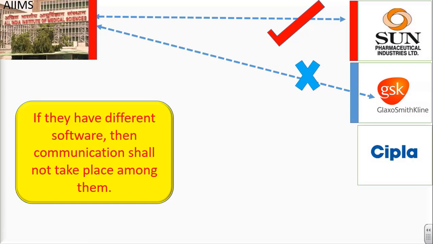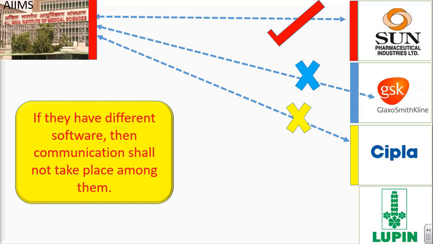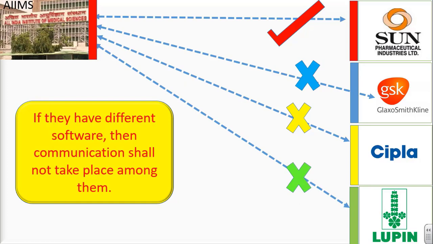Similarly, Cipla has got another software. It means Cipla will not be able to communicate with AIIMS. And last, Lupin company will not be able to communicate with AIIMS. Or AIIMS will not be able to communicate with these three companies. AIIMS will be able to communicate with only Sun Pharmaceutical Industries Limited, because both these companies' software are compatible.